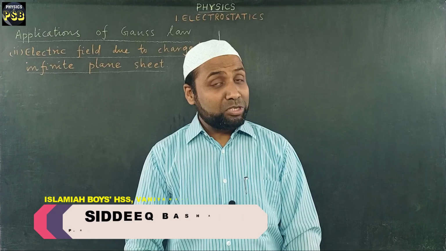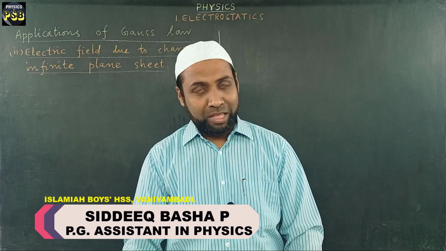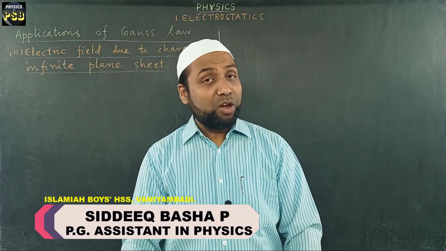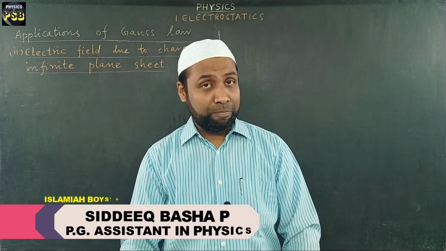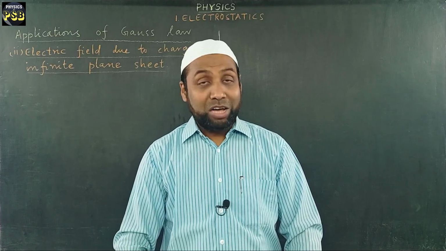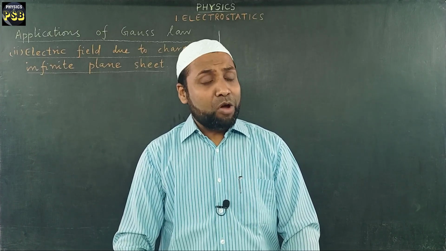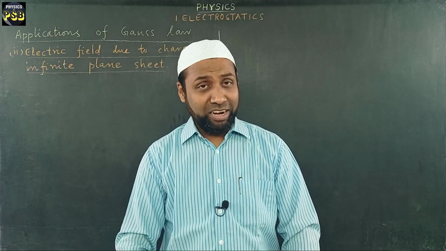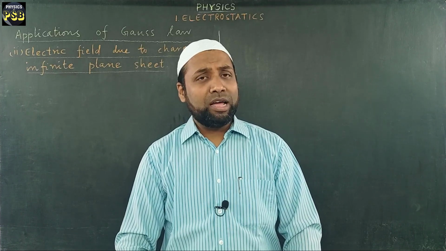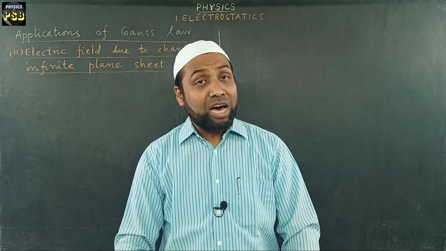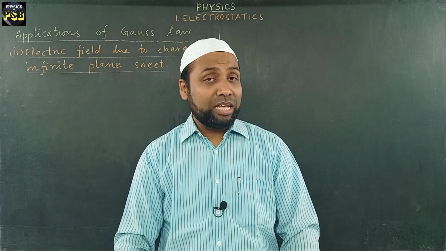We have obtained the expression for electric field due to an infinite long charge carrying wire with the help of Gauss Law. In this video, we are going to get the expression for electric field for an infinite long charged sheet using Gauss Law.